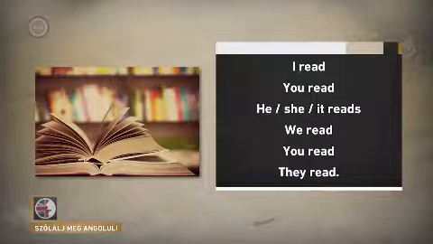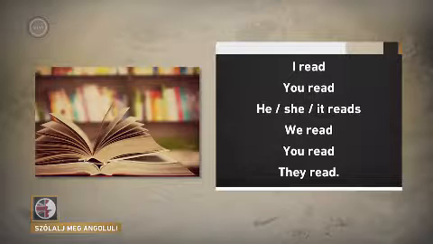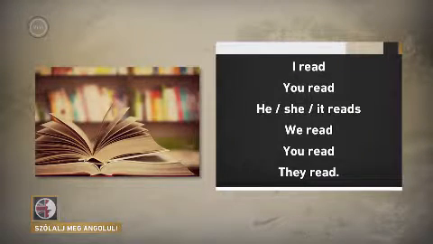Think about the present simple positive and negative. When we make sentences using verbs in the present simple, we have to be careful with one thing. We have to make sure that we add s to the regular verbs in the third person singular. I read, you read, he, she, it reads. We read, you read, they read.